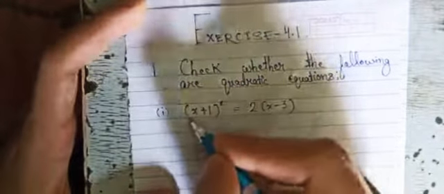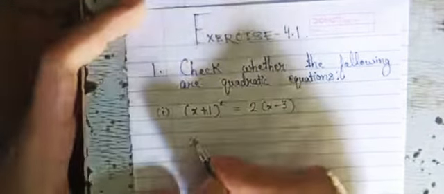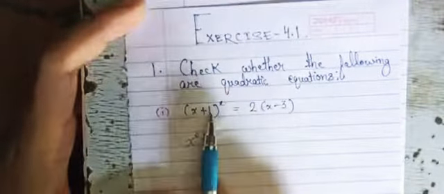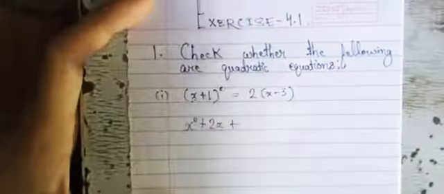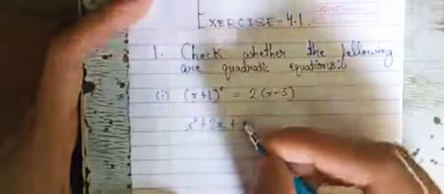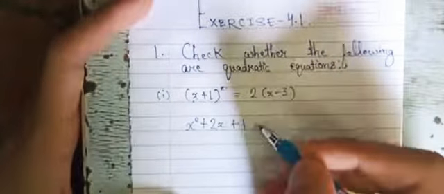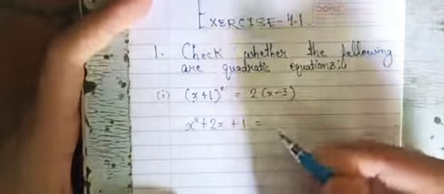So first of all, for the left hand side, I will apply the formula a plus b whole square. Here x plus 1 whole square will become a square plus b square plus 2ab. So x square plus 2ab, that is 2 into x into 1, which is 2x, plus b square, so square of 1, which is 1 only.